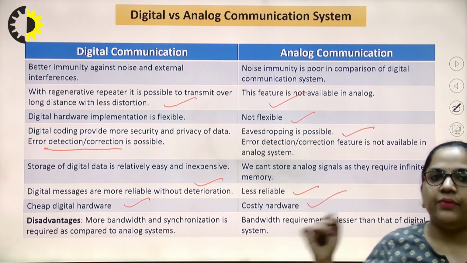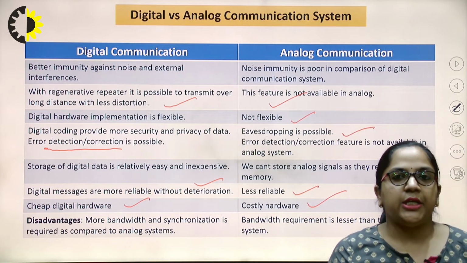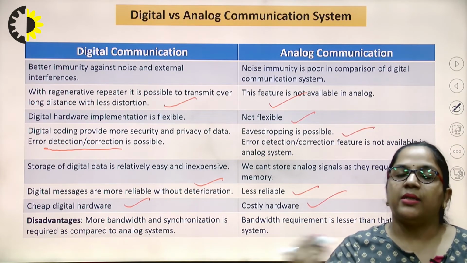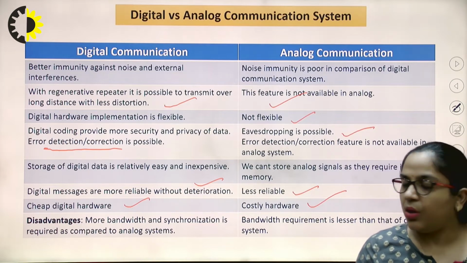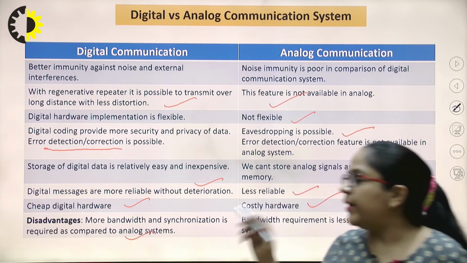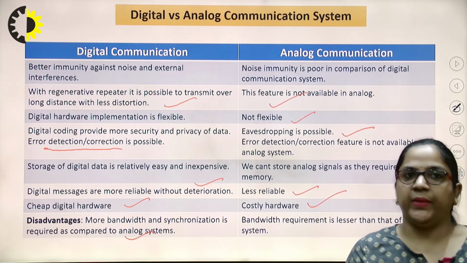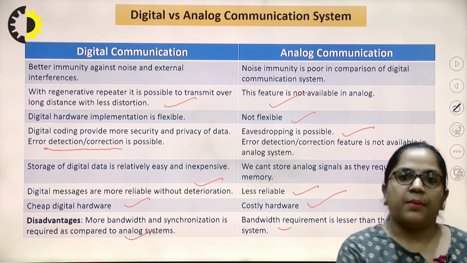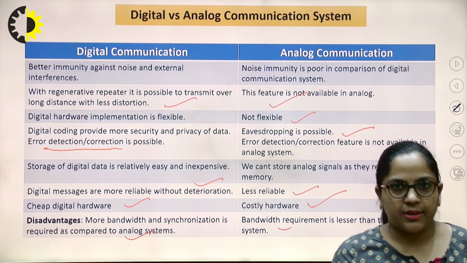The only disadvantage of the digital communication system is that it requires more bandwidth in comparison with analog communication. Also, synchronization is required in digital communication. In analog communication, the bandwidth requirement is lesser as compared to digital communication.